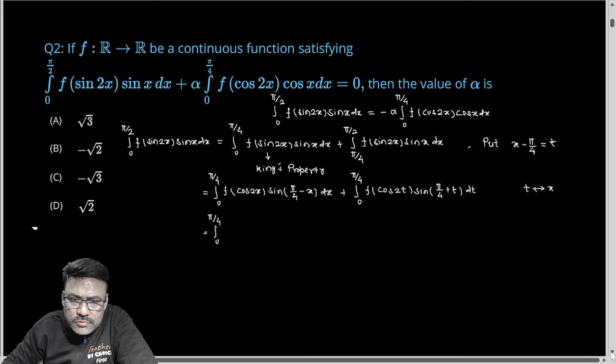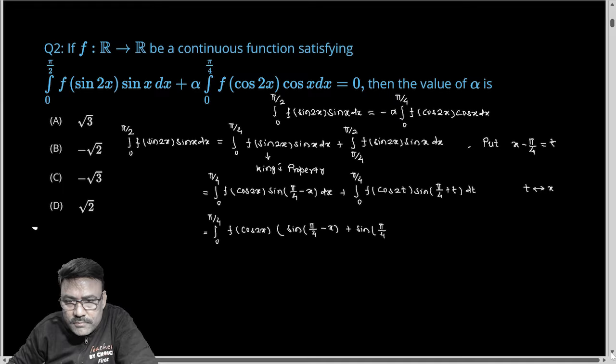So now if I add these two, f of cos 2x can be taken common. And then I have sine pi by 4 minus x plus sine pi by 4 plus x. Right? And now the problem is solved.